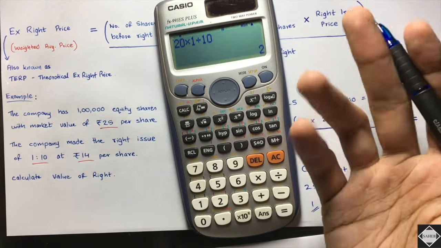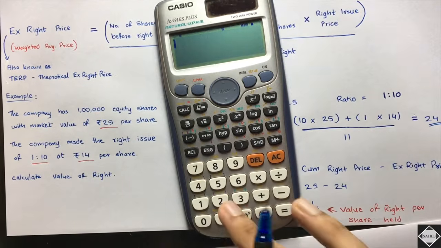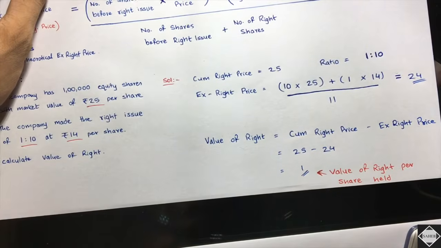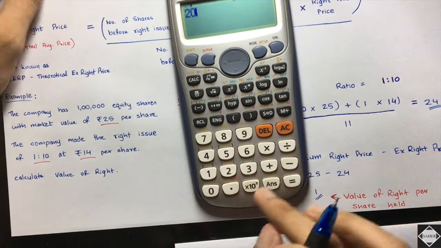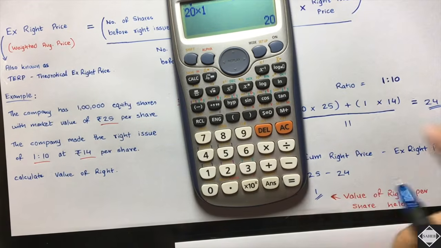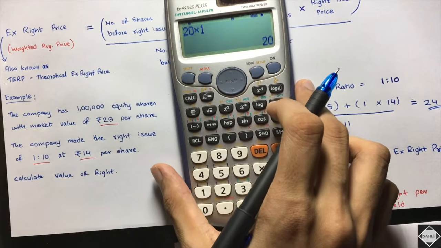So if you sell that, at what price will you sell? You will sell at 20, isn't it? See, value of right per share held. How many shares did you have? You had 20 shares. So you are selling everything now. So 20 into 1, that's equal to 20. So this is the maximum price at which you will sell your right.